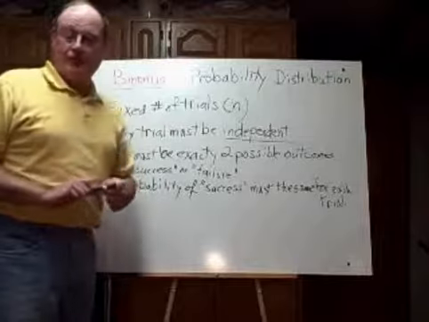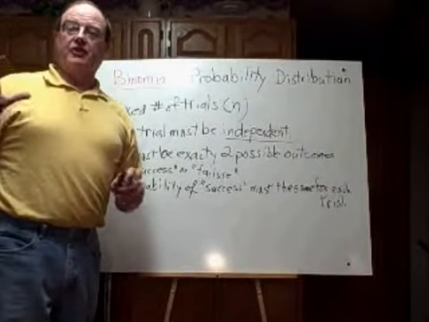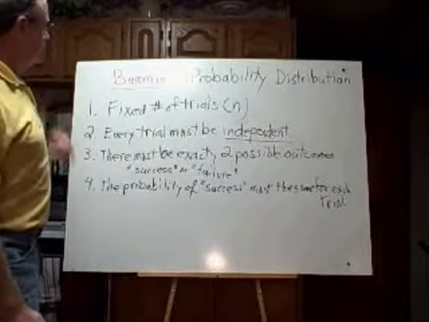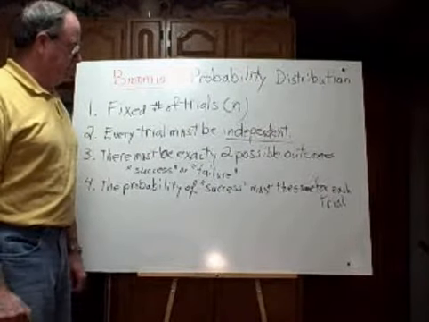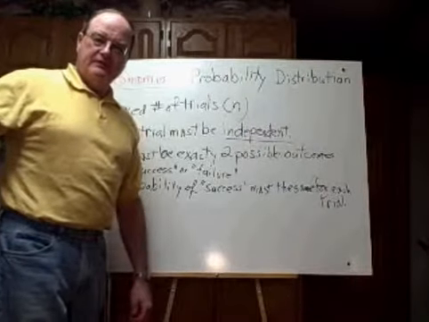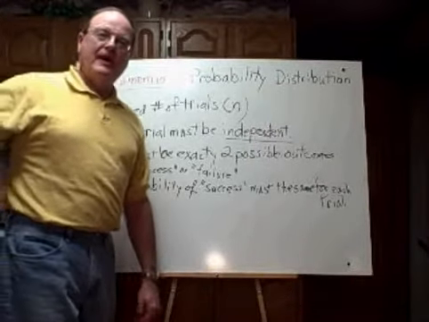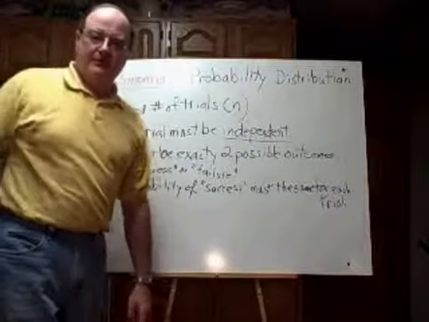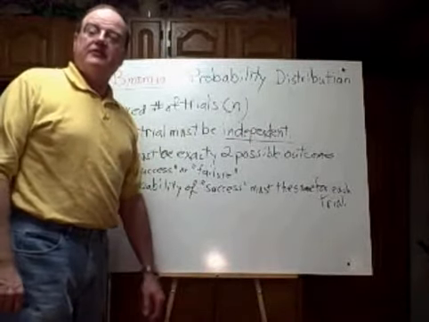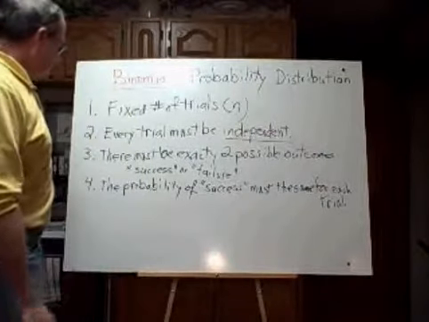So I have 7 trials, and my trials are the random selection part. Number 2, every trial must be independent. The baby that I pick the first time, will it have any effect on what other babies I pick? No, shouldn't. So yeah, we can say that these trials are independent.